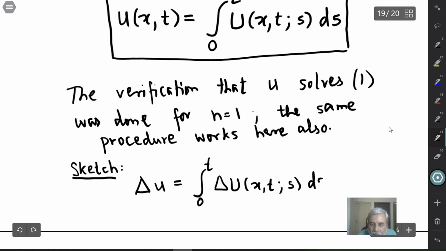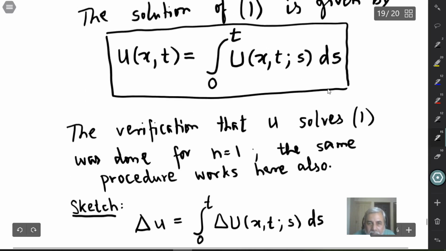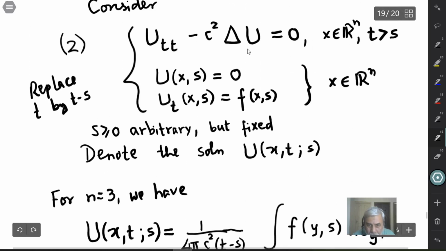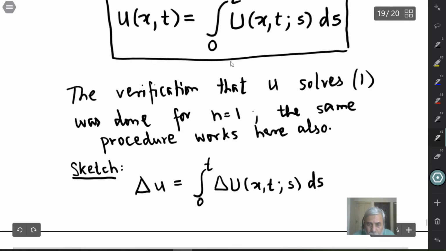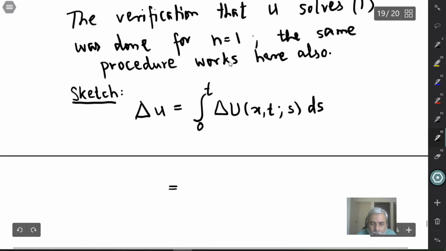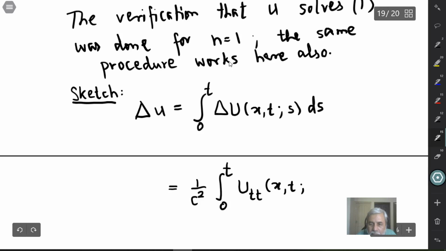But the capital U satisfies this homogeneous equation, so you immediately see that the Laplacian of u is just 1 by c square times the integral from 0 to t of U sub t t (x, t; s) ds.